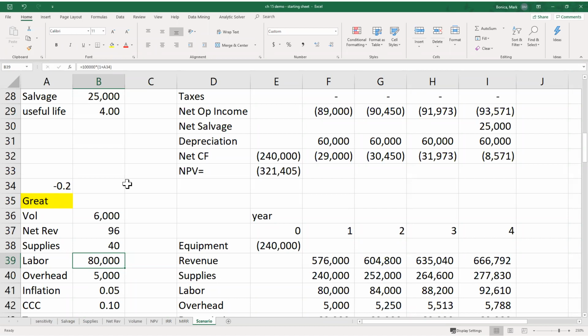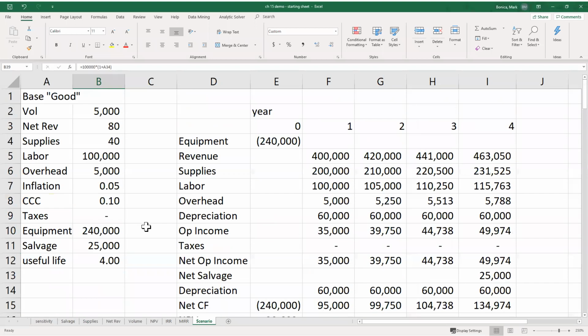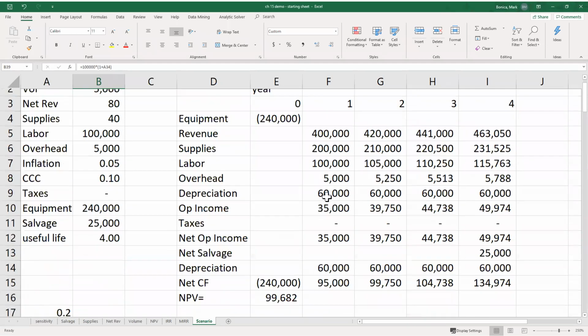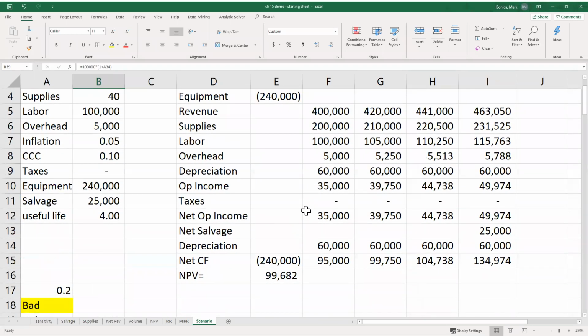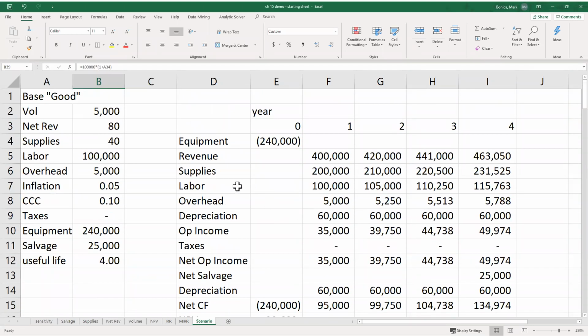If you were in the real world, you would want to have a serious meeting with the people who run this project. You would sit down with them, and you would have built the original model together, the good model. You would have done your sensitivity analysis, and you would have come back to them and said, hey, the pain points in our model look like volume, net revenue, and supplies.